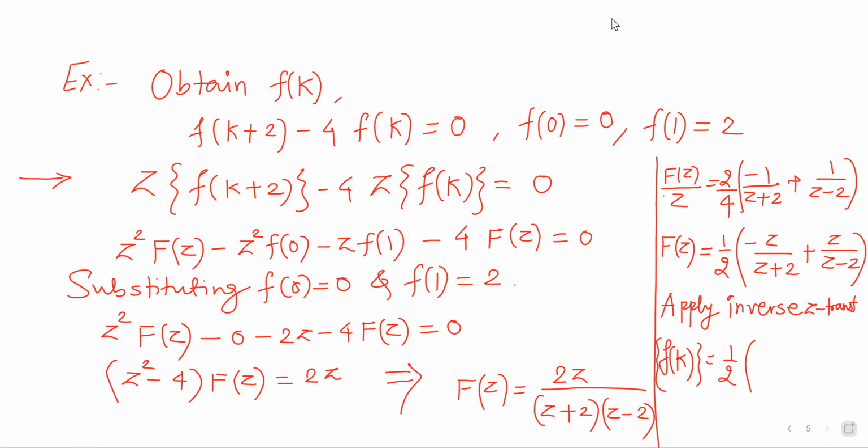So for causal sequence, assuming that mod z is greater than 2 here, because it's not given, you have to take it on your own, okay? And then we have minus of minus 2 raised to k plus 2 raised to k. So we get the result as half times 2 to the power k minus of minus 2 raised to k, for k positive.